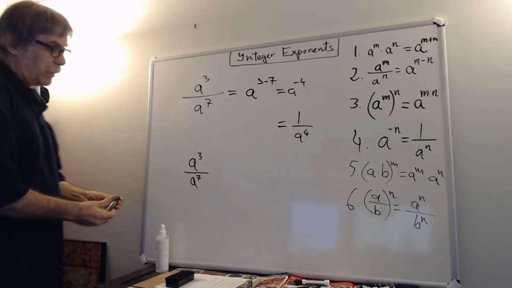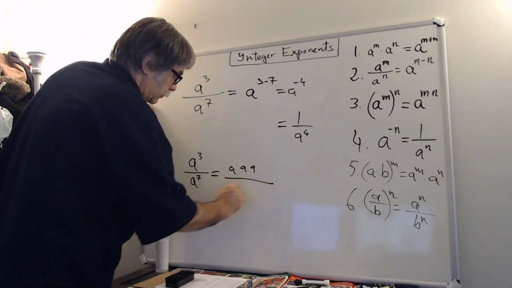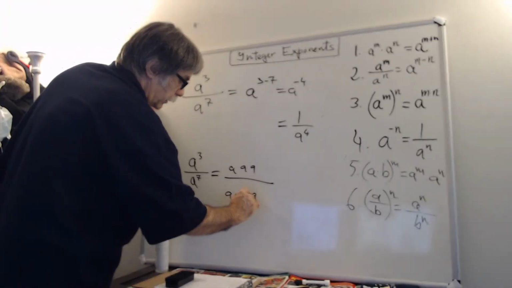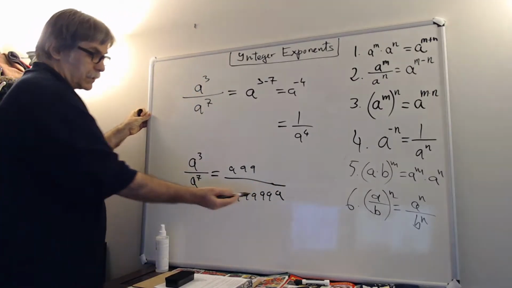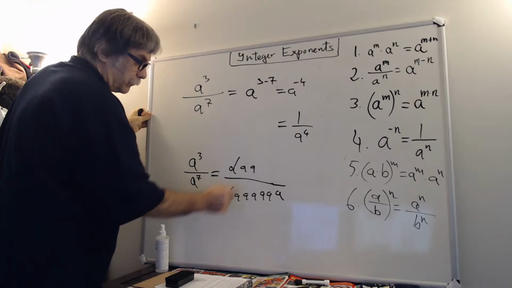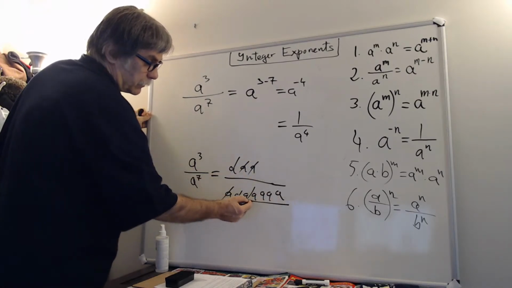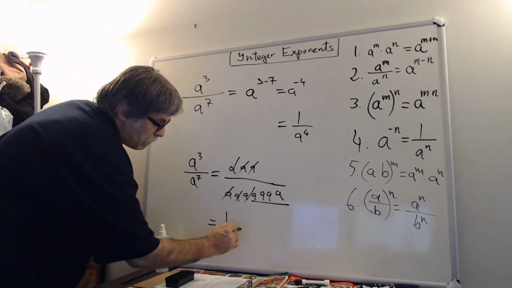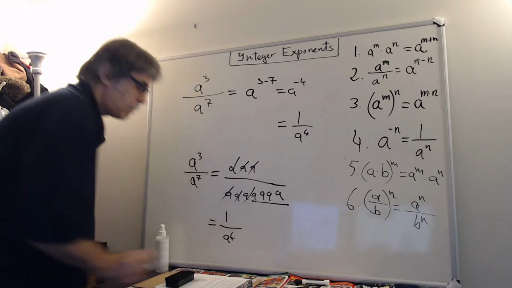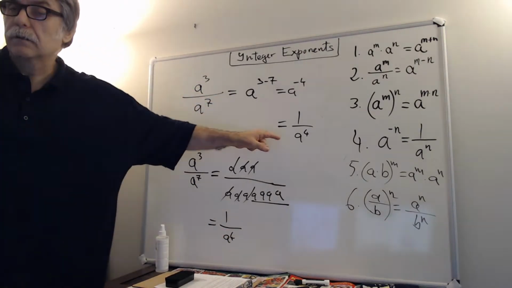Okay, so that's what you have here. Here you go. A, 3 on the top, 7 on the bottom. 1, 2, 3, and what is left are these 4. You got the same thing you have here.